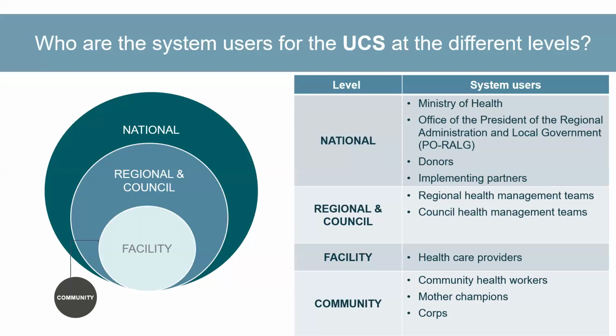For malaria, they use COPS. We also have Mother Champion for HIV and community health workers for the general services provided at the community level. So these are the different levels where the community system is being used, and who the system users are. I think this marks the end of my presentation.